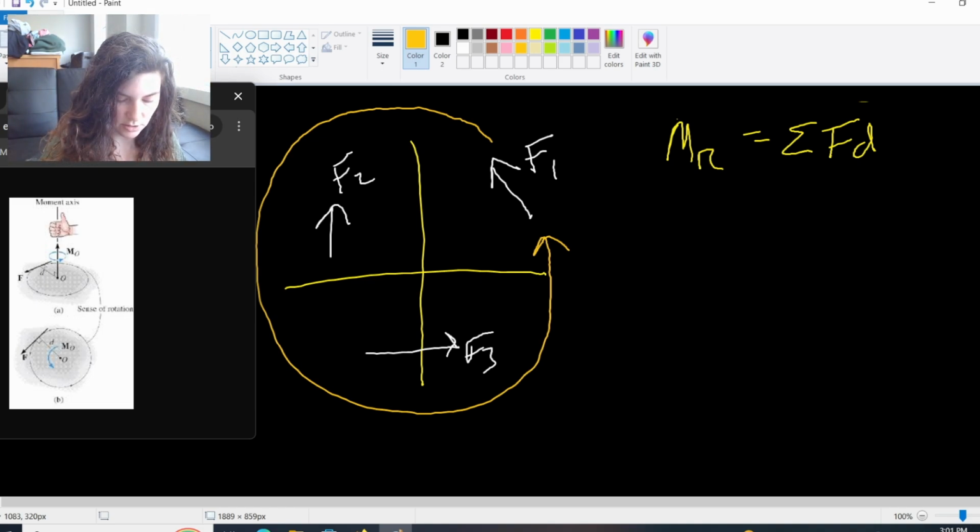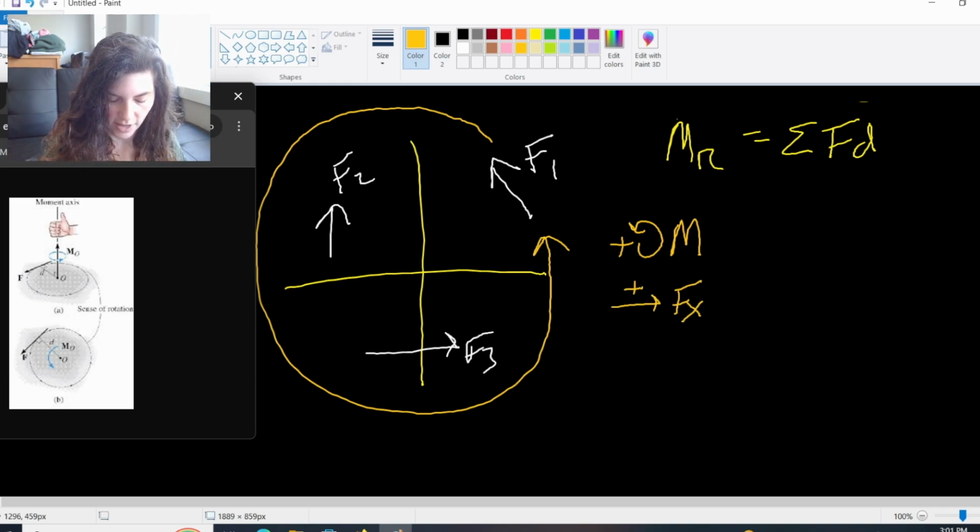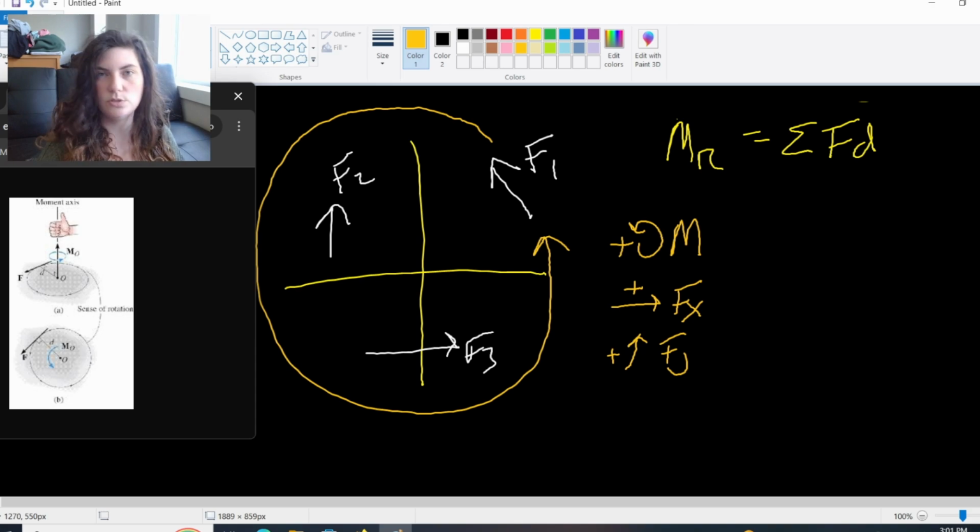Sometimes you'll even see a notation that says positive counterclockwise moment, just like for forces we said positive arrow in the right direction for F of X, or positive up direction for F of Y. Moments use the same kind of notation. So we're going to assume counterclockwise is positive.